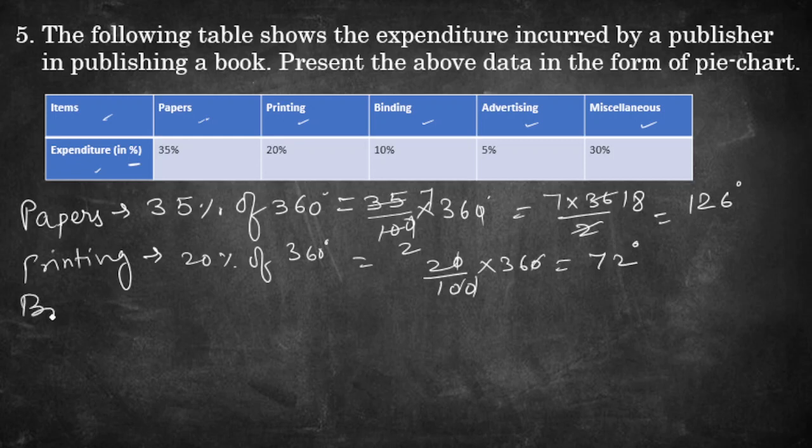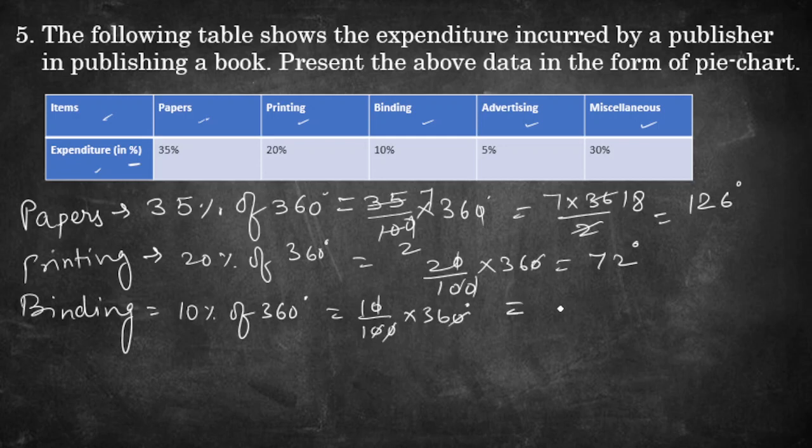Now next binding, it is 10% of 360, so 10 by 100 into 360 degrees, so 0 to 0 cancel out, 36 ones are 36 degree. Okay, now advertisement, it is 5%.